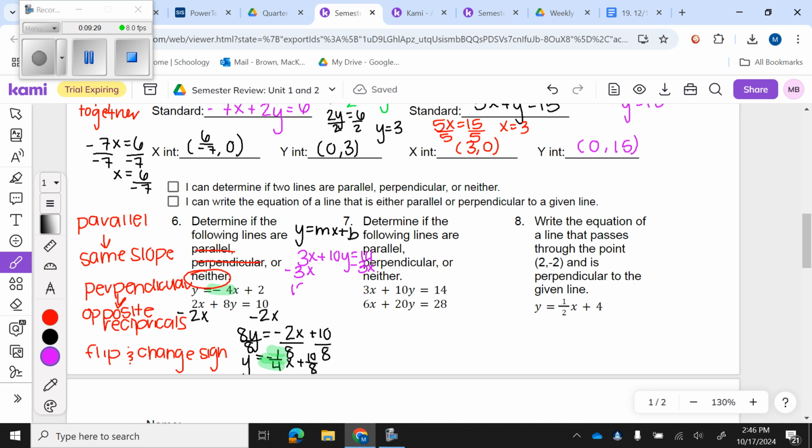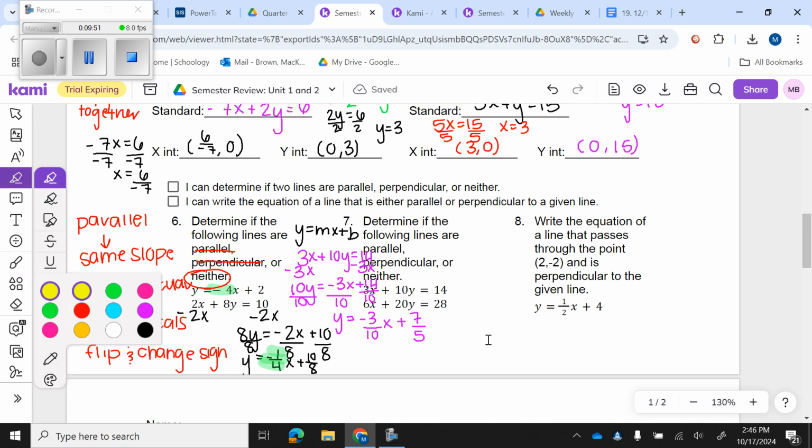These are not like terms, so I can't put them together. Now I'm going to divide everything by 10. Using my fraction button, I'm going to get y equals negative 3 over 10x plus 7 over 5. When you look at this, this one has a slope of negative 3 over 10.